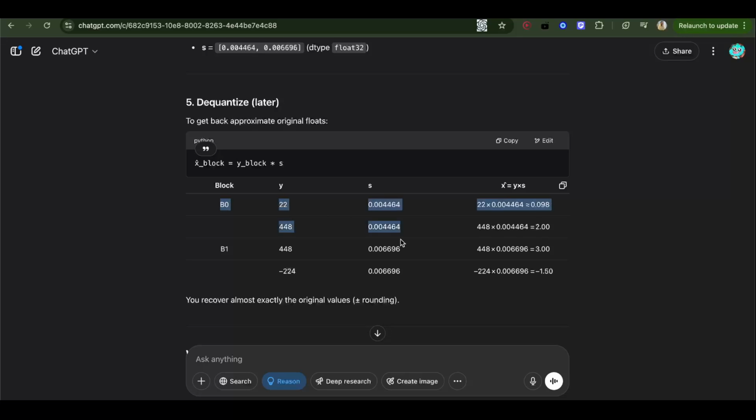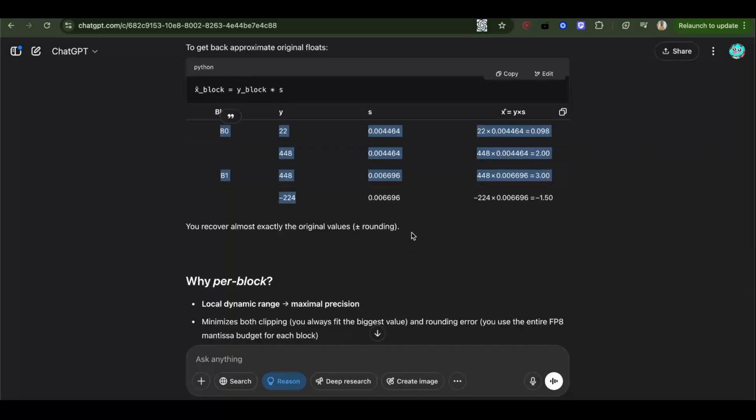The calculations shown here are the same. So the values are going to be almost exactly the same, with a bit of error because of rounding, because when we were converting to FP8, we couldn't represent all of the numbers, so we had to round to the closest one. But this is completely tolerable for LLMs.